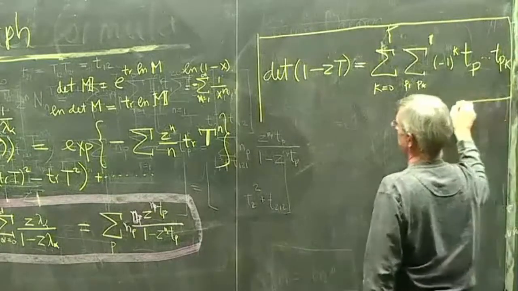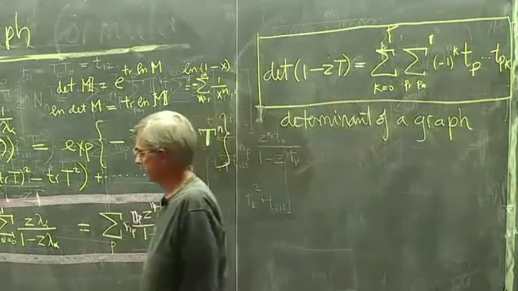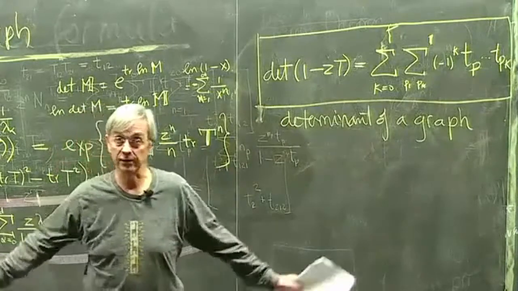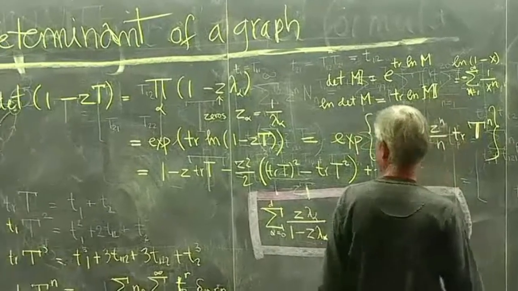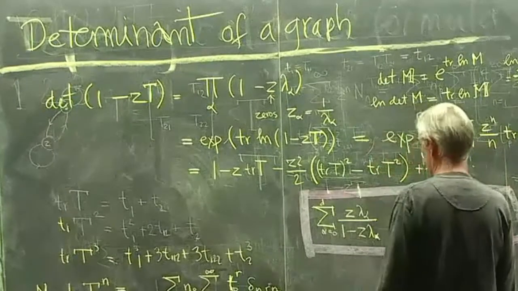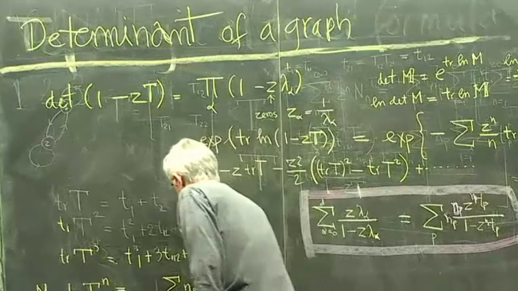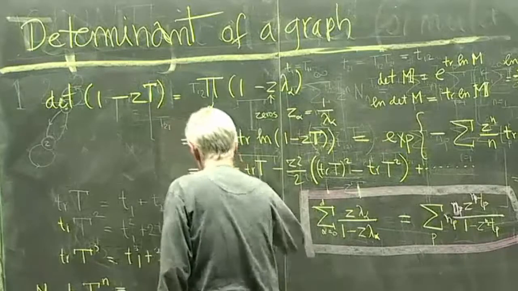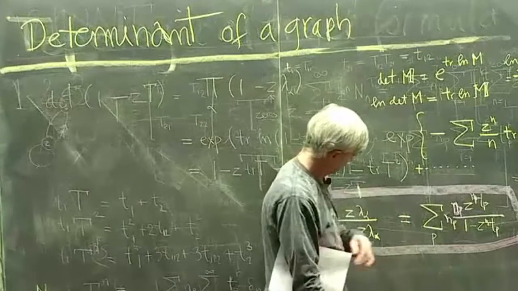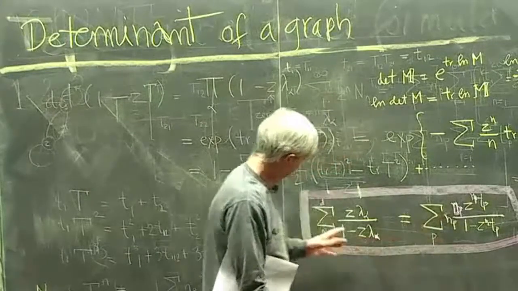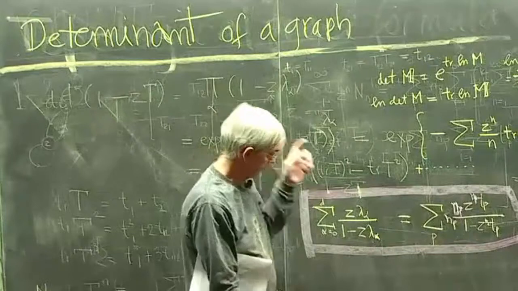So this is a determinant of the graph, and it must be totally obscure where it came from when I do it like this. So I think I have to work out a few examples before it starts making sense. But as you'll see, it'll be quite powerful. And it might answer your question. You might wonder, it's a finite matrix, everything is finite on the left-hand side.